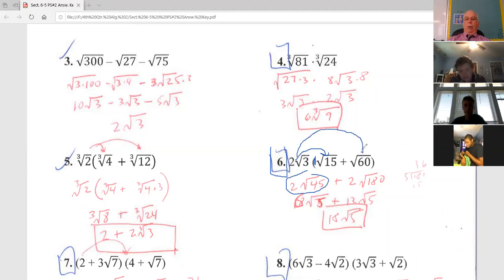Then we multiply 2 radical 3 times radical 60, so you have 2 radical 180, right? All I did to get to this line is 45 is 9 times 5, so the 9 is a nice perfect square. That comes out as 3, and the 3 times 2 gives us the 6, and the 5 stays under the radical.